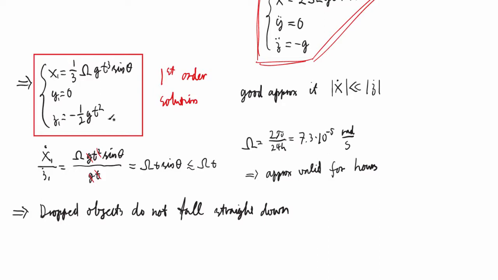Now, if we want to turn x into a function of z, we can do so relatively easily with this solution. So we can show that t, just by inverting this, is the square root of 2z over g, or rather 2 times minus z over g, because z is going to be a negative value. Let's make it the absolute value. So t is the square root of 2 times the magnitude of z over g.